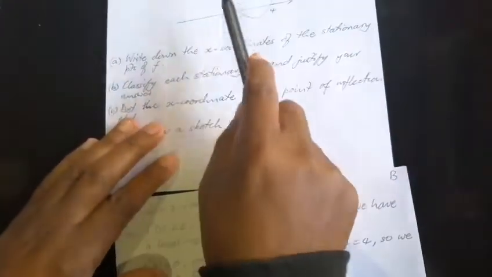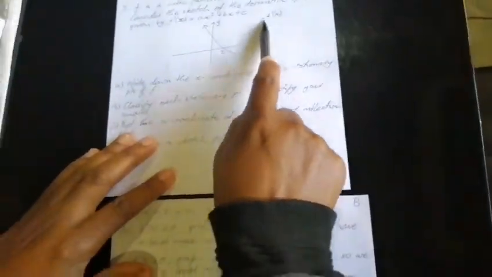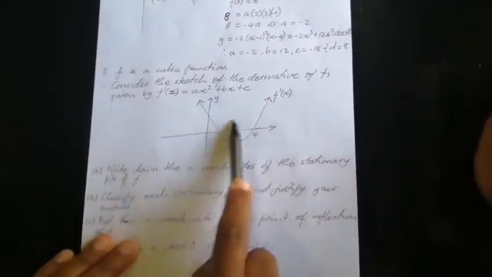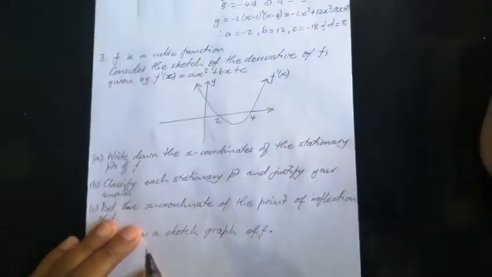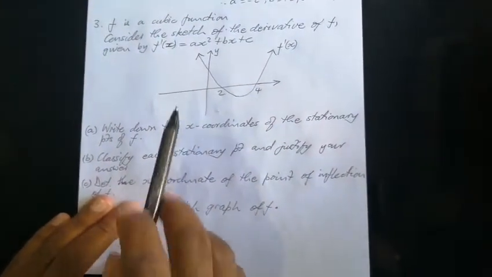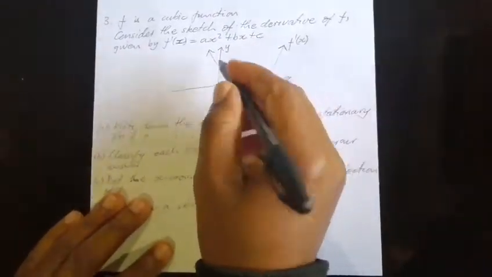Now, I want you to understand what we are given here. What we are given here is the first derivative of a cubic function. Now, this is actually showing us the gradient of the cubic function.